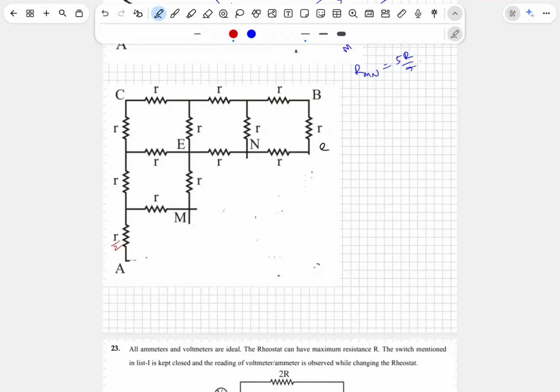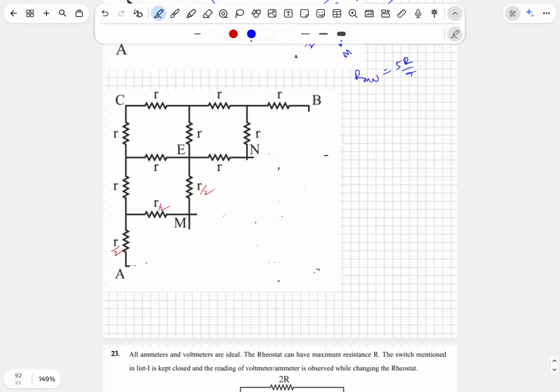R by 2, M. Now it is a bomber type circuit.